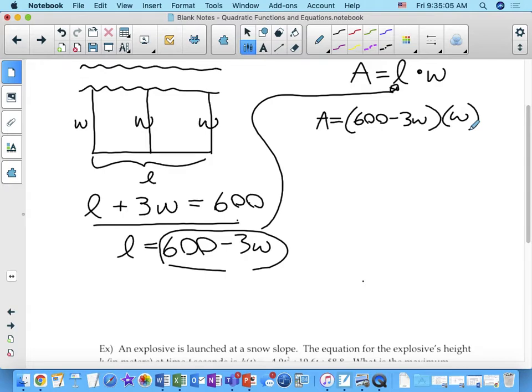Okay? Now we can expand. Right? So I'm going to get area equals 600W minus 3W squared. And this I can now convert into vertex form.